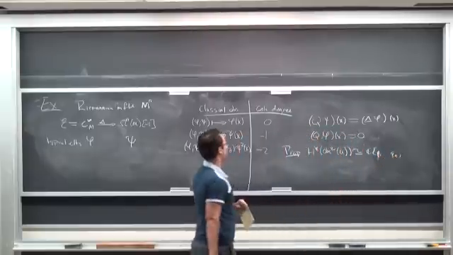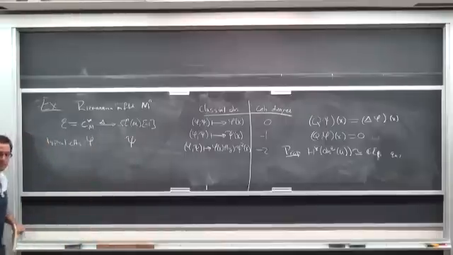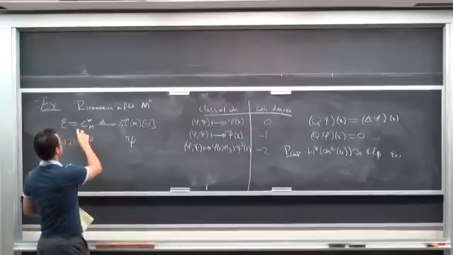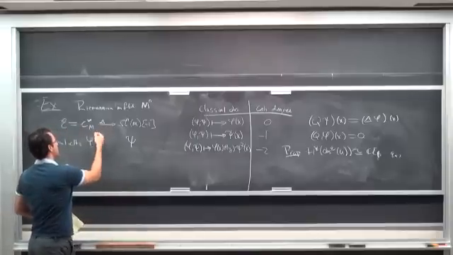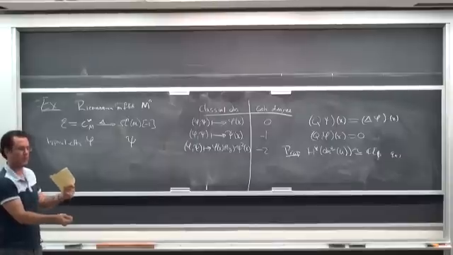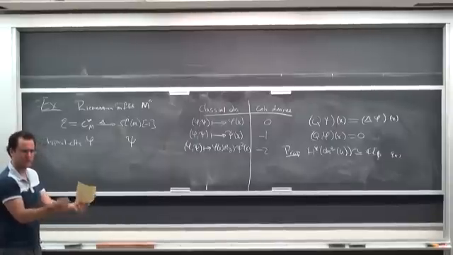Yes, so Q in this example is the Laplacian. But you're applying Q to psi, and psi is over on the right. So on the field level it's the Laplacian. Then on the observable level, that's power series in the dual space.